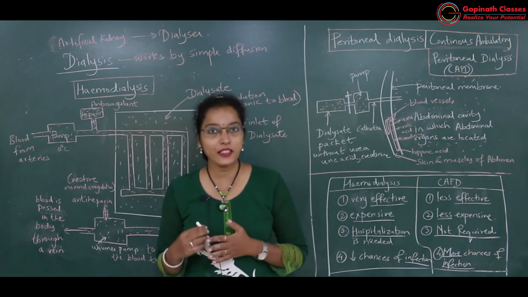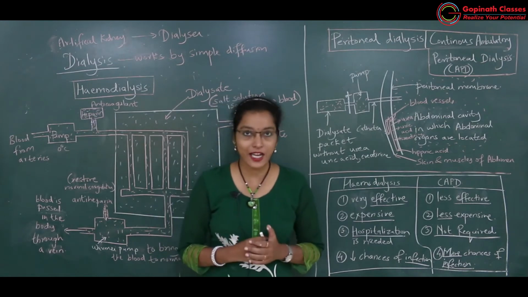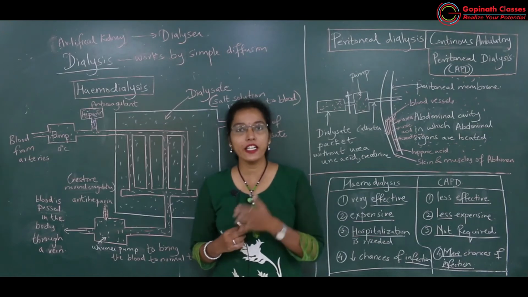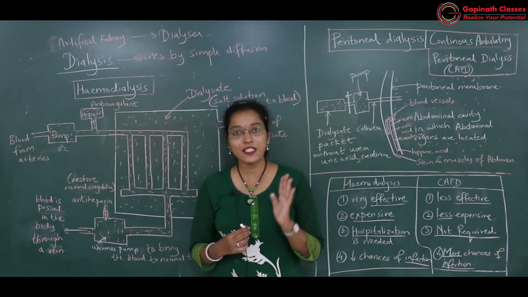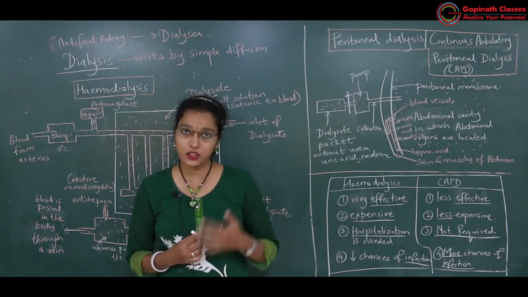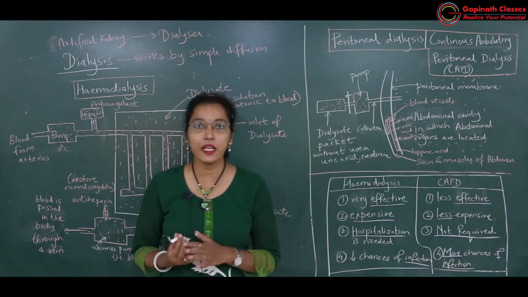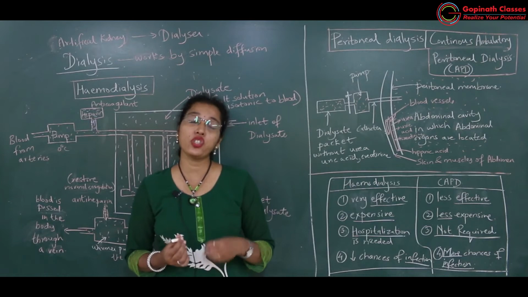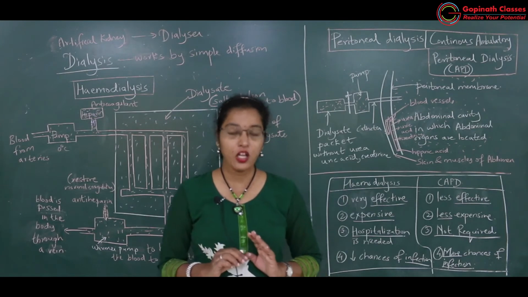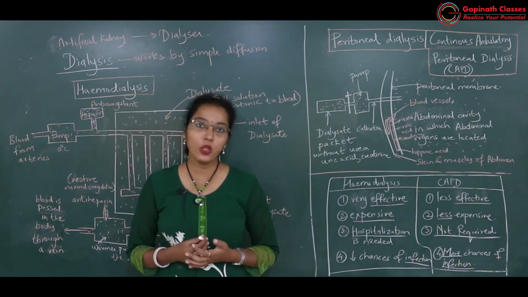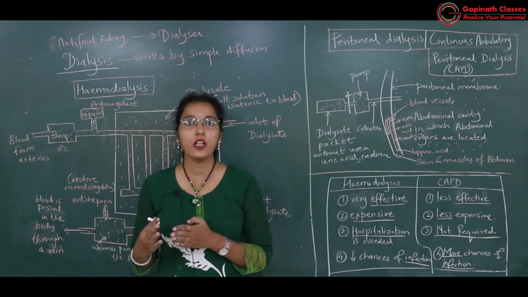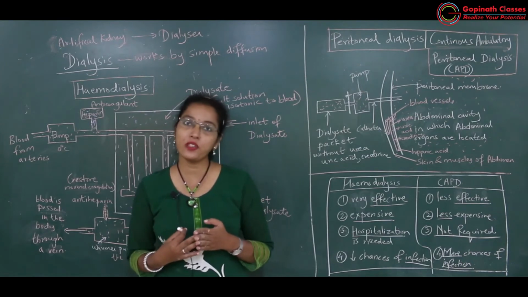But for a few days the person is kept on dialysis. Got it? In AKI it is so, whereas in chronic kidney injury it is irreversible. So the patient is kept on dialysis for many years, and after some time the malfunctioning of the kidney increases so much that it needs renal transplantation, so that the kidney has to be replaced by a new kidney. So dialysis is for temporarily sorting out the functioning of the kidney.